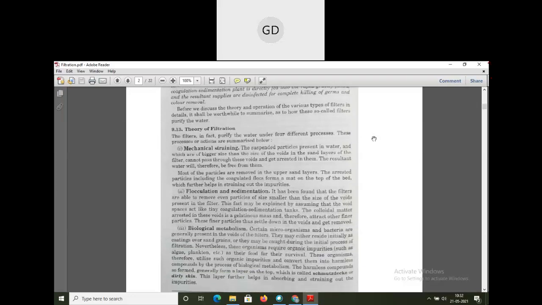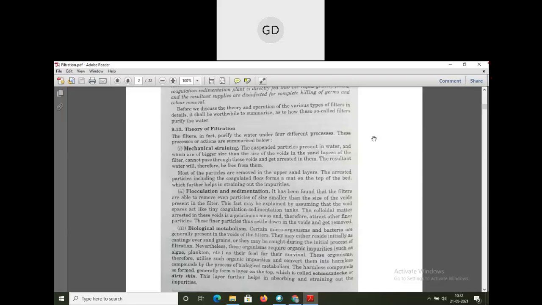The suspended particles present in the water, if their size is greater than the size of the voids of the sand layers, obviously cannot pass through the voids. They will be stuck in them.